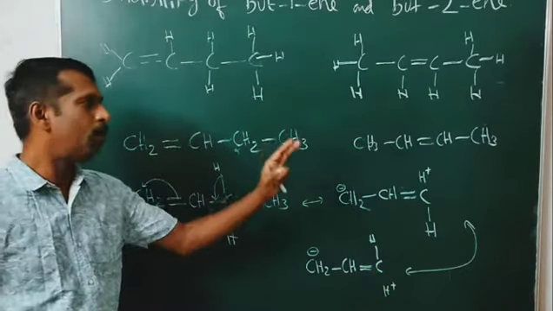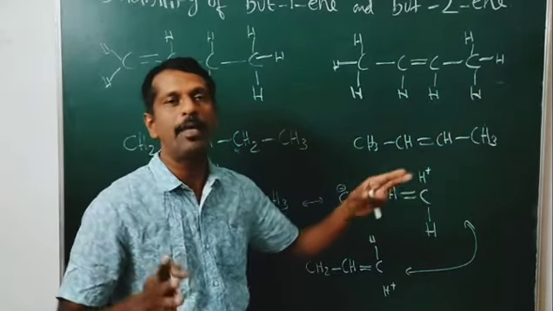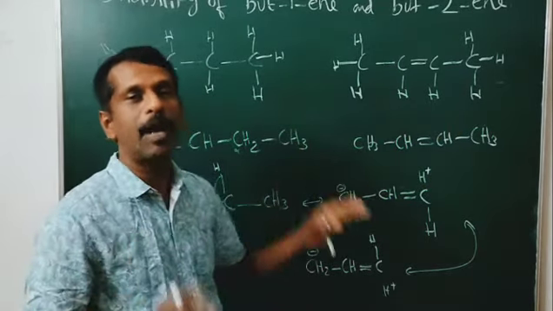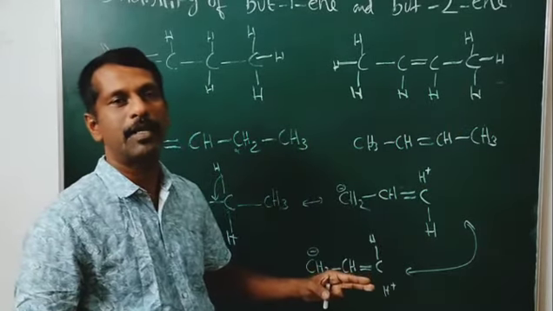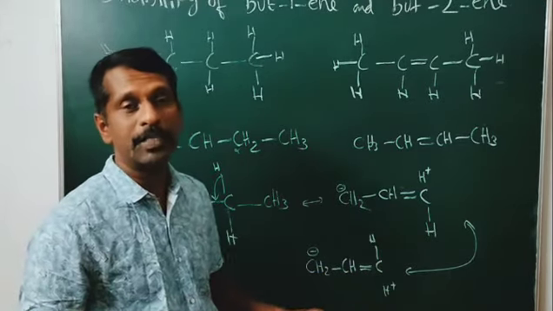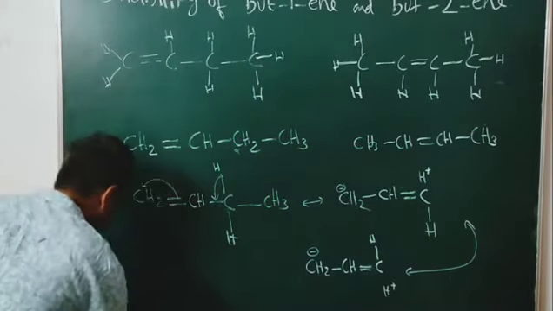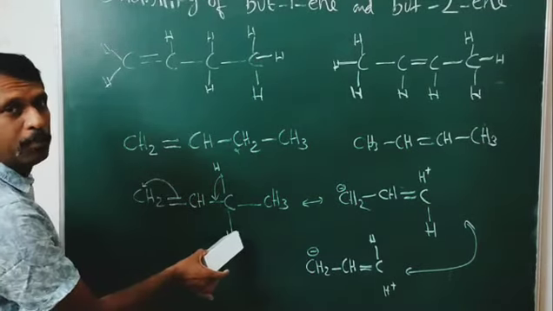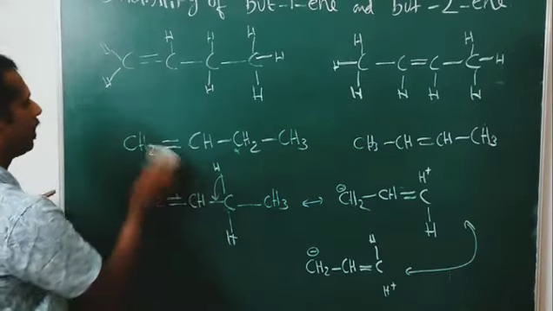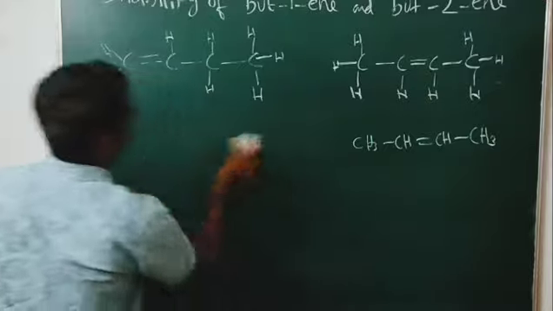Now let us see for but-2-ene how many alpha hydrogen atoms, canonical forms and hyperconjugation interactions there are. Keep it in mind, but-1-ene has only 2 canonical forms. Now but-2-ene.